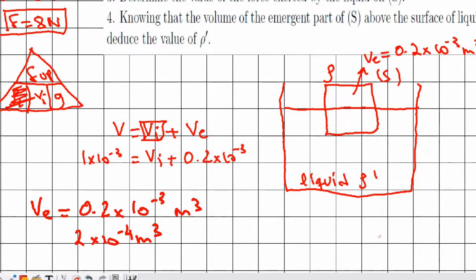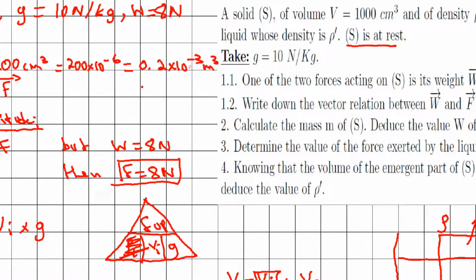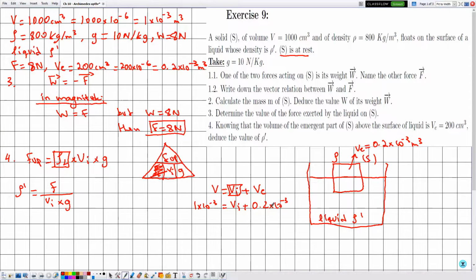But since the volume V is expressed in 10 to the power minus 3, it's more convenient to express the volume VE in the form of times 10 to the power minus 3. So for this reason, I have expressed the volume VE as 0.2 times 10 to the power minus 3 and not 2 times 10 to the power minus 4. So this is a side remark.